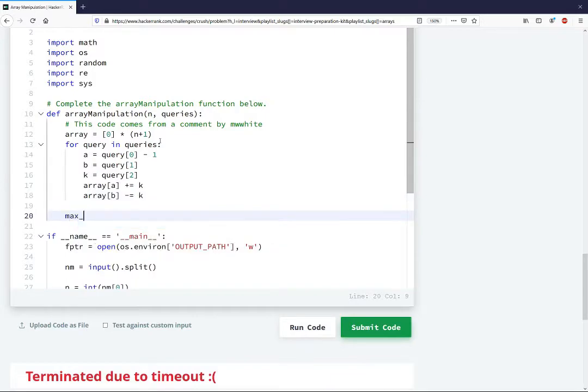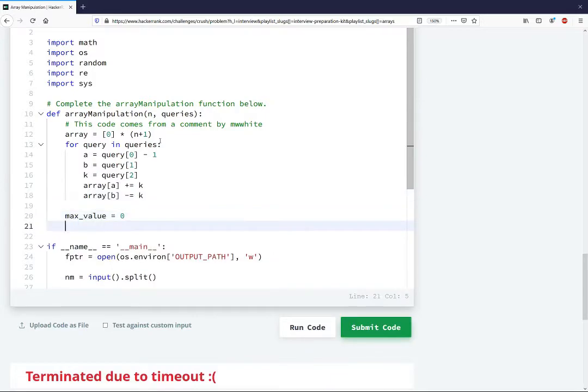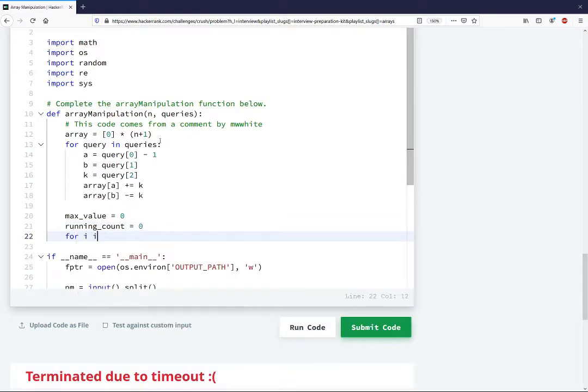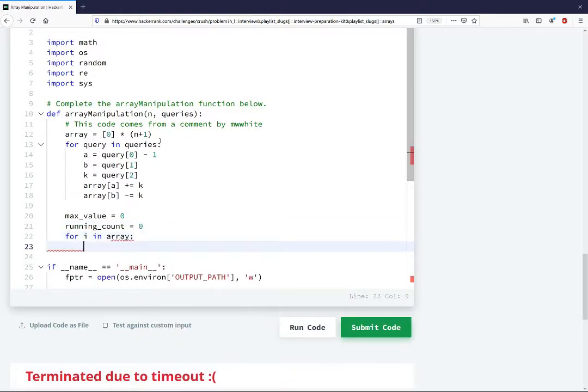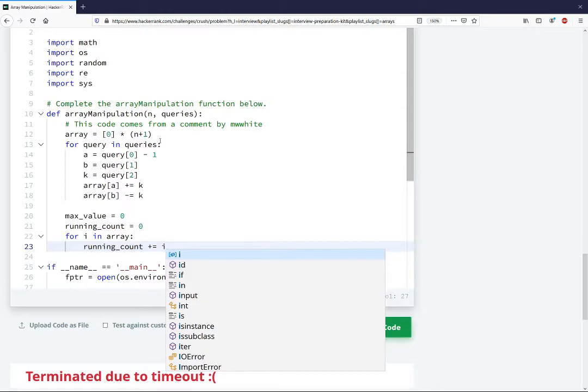And then the maximum value, which is what we're looking for, is going to be 0. And the running count is basically going to be the integral of the array called array. It's going to be the actual value in the final resulting array, and these are the ones that we want to look amongst to find the maximum value. Okay, so then for I in array, for each entry, we're going to increase the running count by whatever this derivative is.